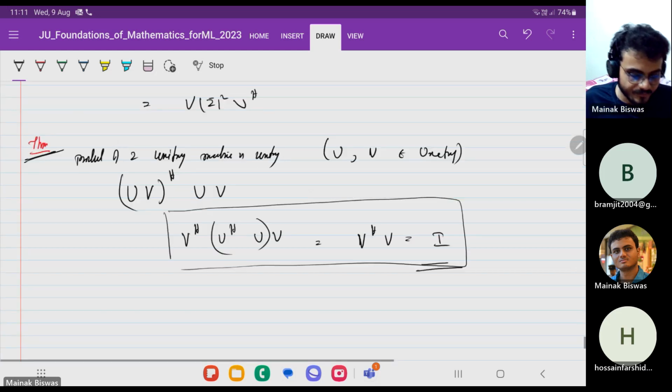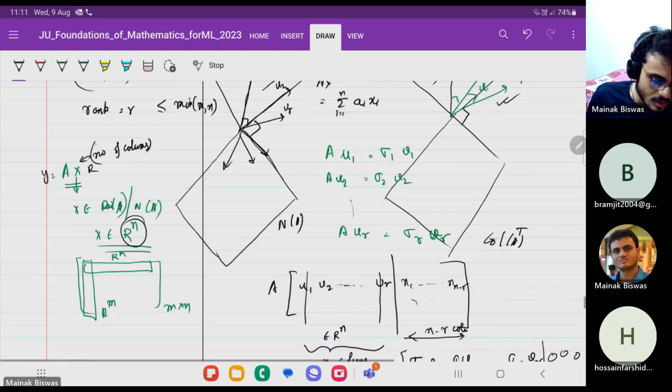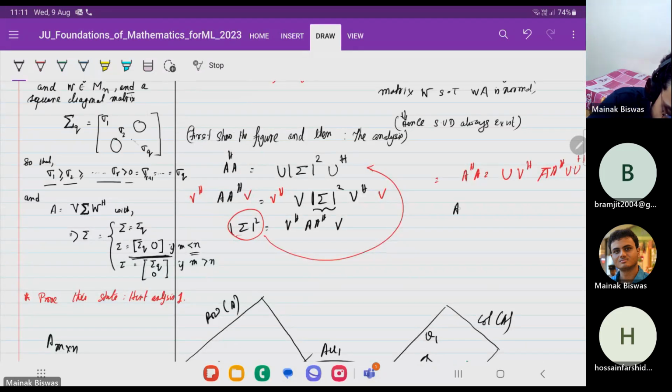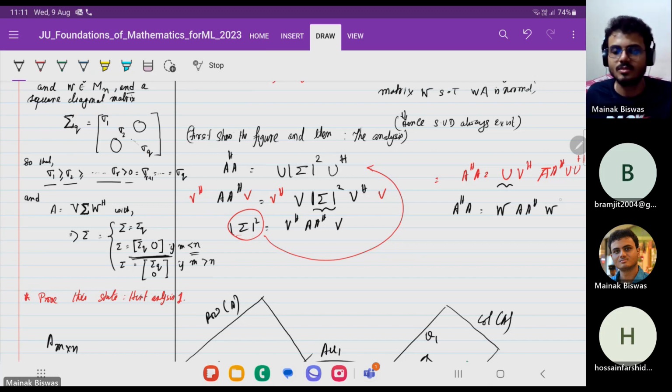Good. Then do you agree that A Hermitian A can be written as A Hermitian W Hermitian W A?